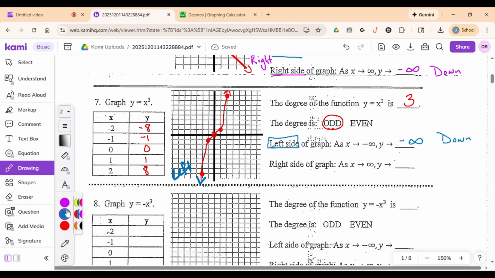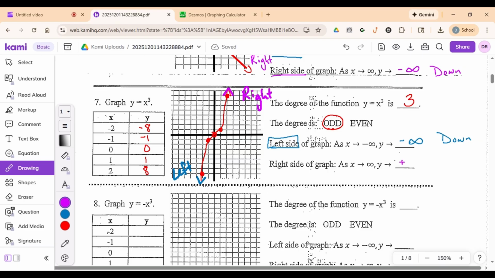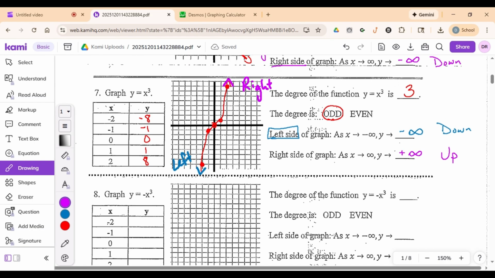On the right side of the graph, if we draw that arrow in, that arrow is pointing up. So here's the right arrow of your graph. That arrow is pointing up. So just like before, if it's pointing up, that means it's going up into positive numbers forever. That's a positive infinity. Again, keep pausing that video to stay caught up if we ever go too fast.